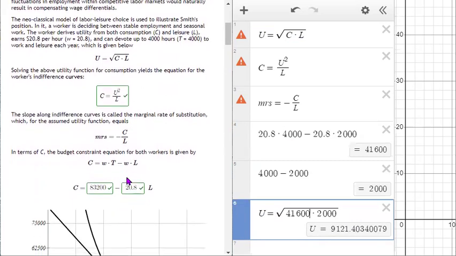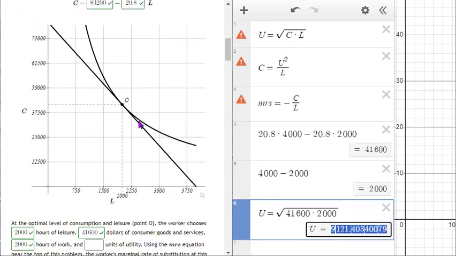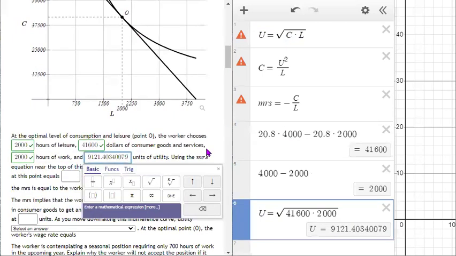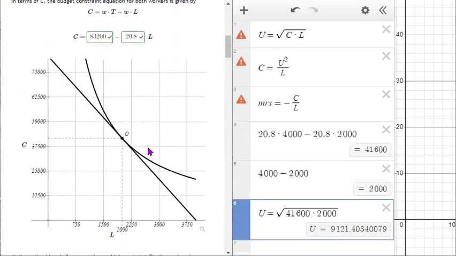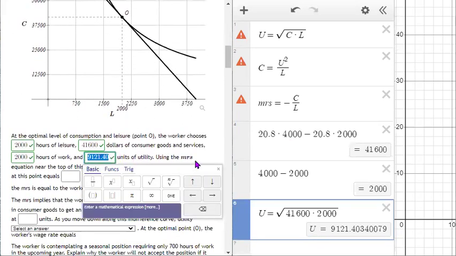My utility level is, I'm going to copy that, 9,121 and 40 hundredths. And this is in units of utility, whatever that is.